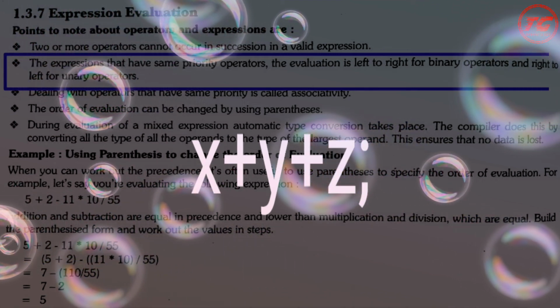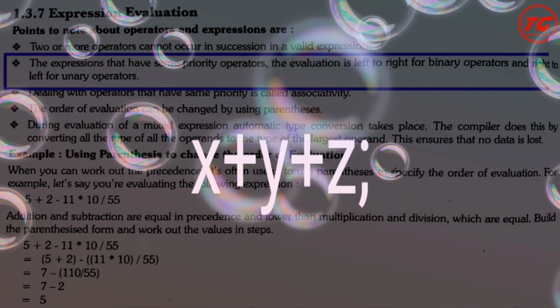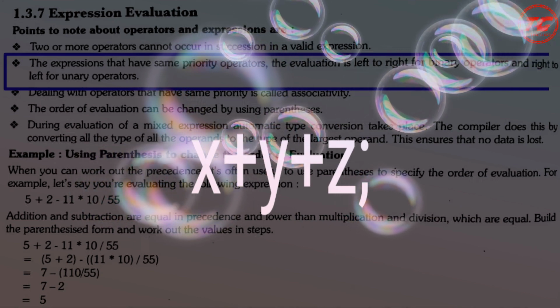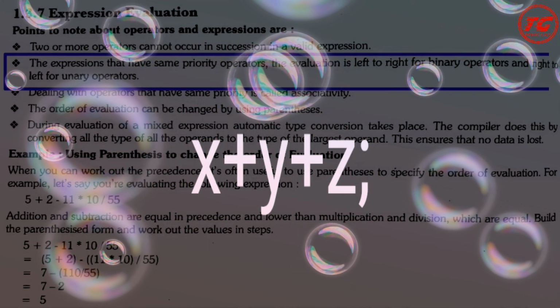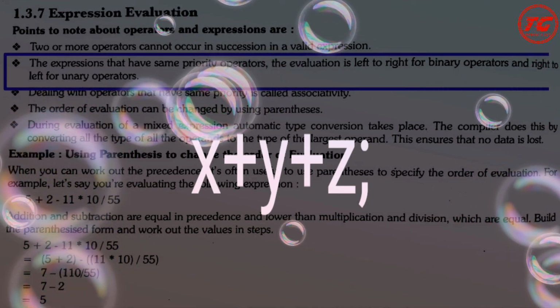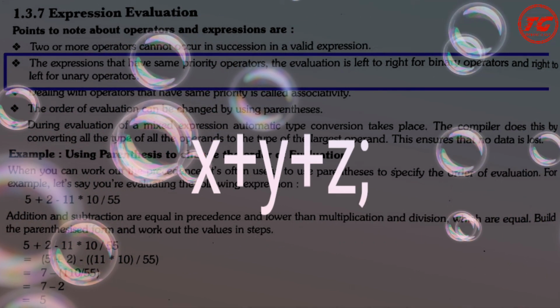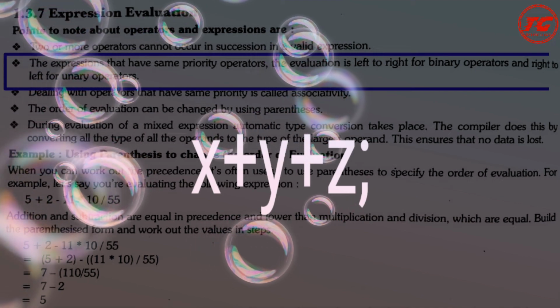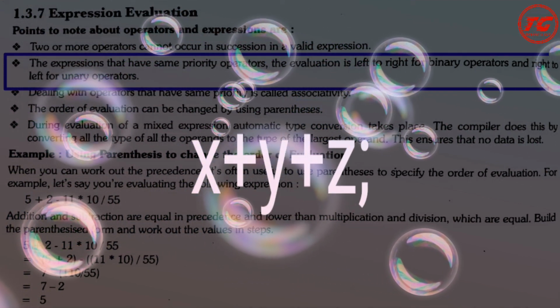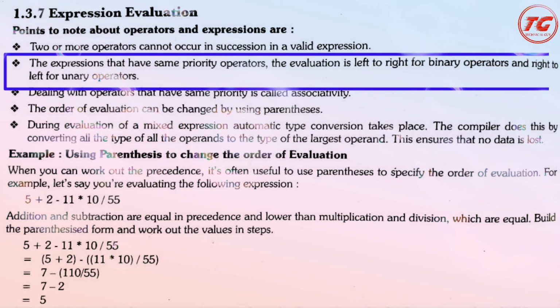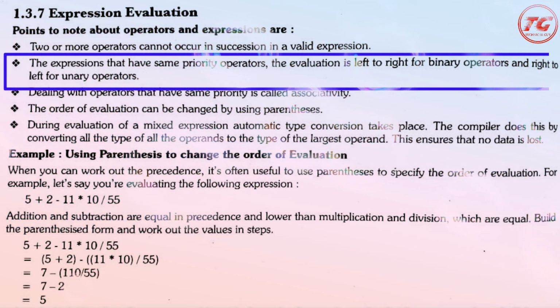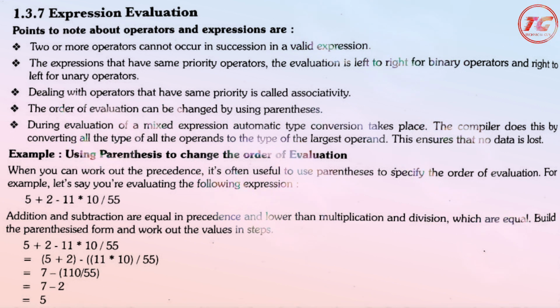If operators with the same precedence occur in an expression and the operators are binary, then the evaluation order will be from left to right. So firstly x plus y will be added, then z will be added. But if the operators are unary operators, then the evaluation order will be from right to left, and this rule is called associativity.